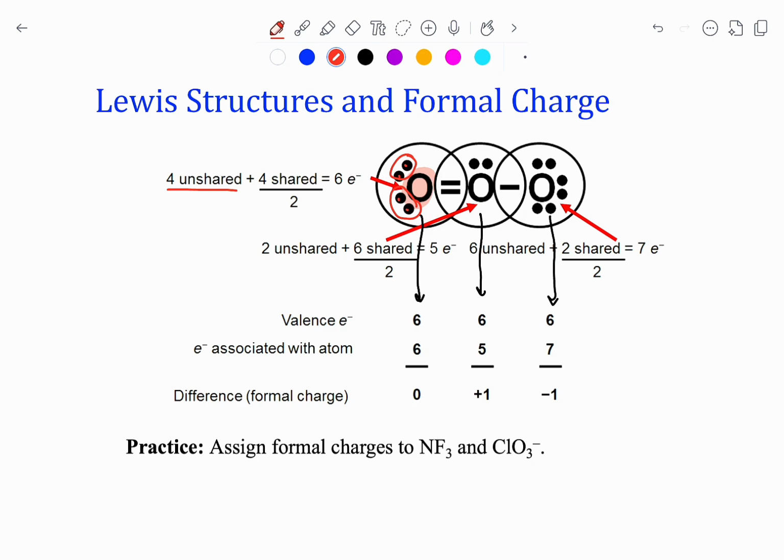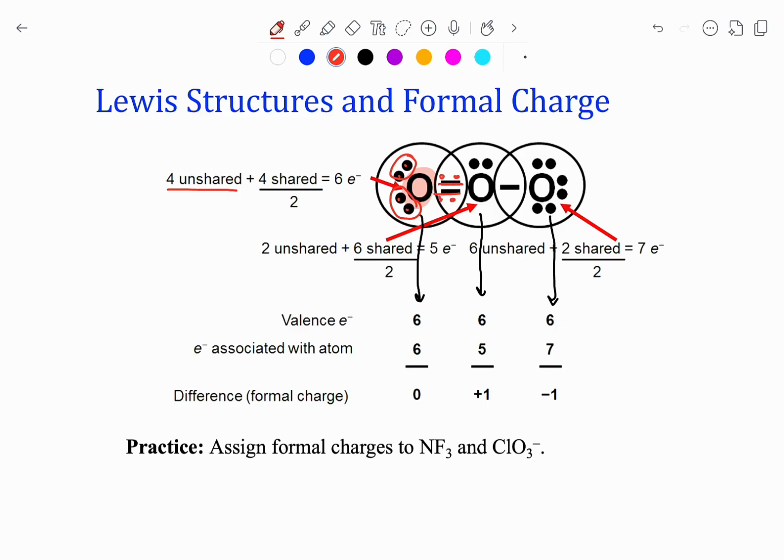We're then going to add to that our bonding electrons. And remember, that's where we're going to take the half. So this oxygen has 2 bonds going to it. Okay, so it's a double bond. So within those double bonds, there's 1, 2, 3, 4 electrons.